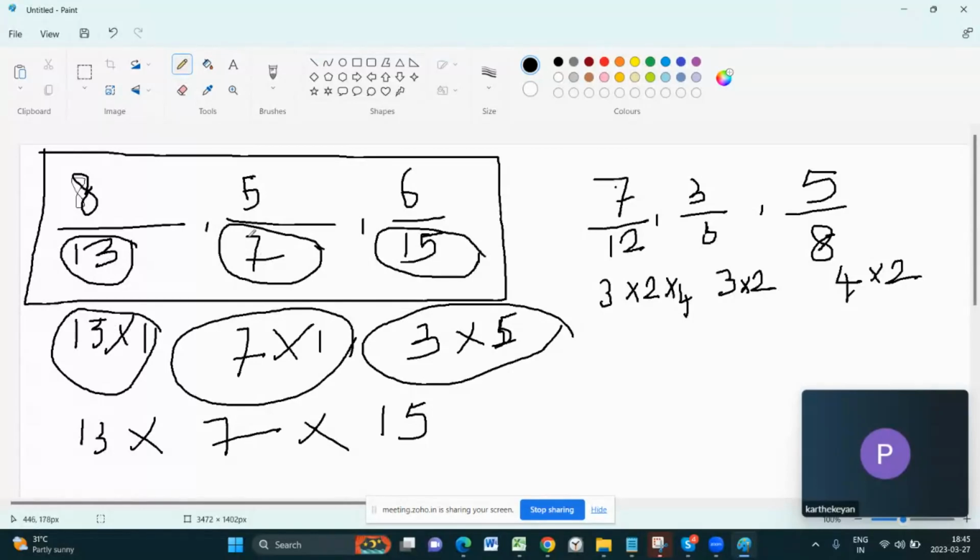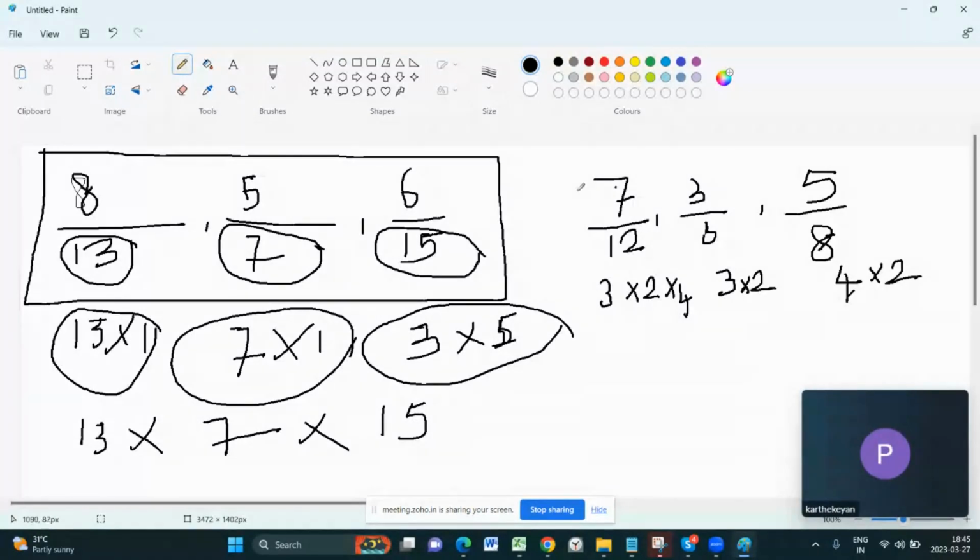And this is 7 into 1, you have no choice. And 15 can be written as 3 into 5. So if I have to find a common factor across all this, I have to take 13 into 7 into 15 only, because I don't find any common factor between the three.